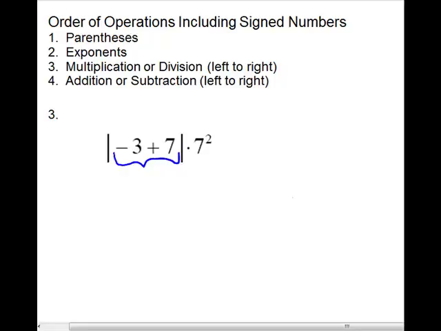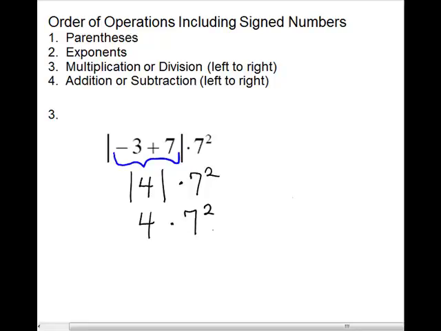We're going to subtract, which will give 4, sign of the larger, which is positive. You still have the absolute symbols. Now we'll take the absolute value. Absolute means how far is 4 from 0. And that will be 4 spaces. Now the absolute can come off because you've applied the definition.